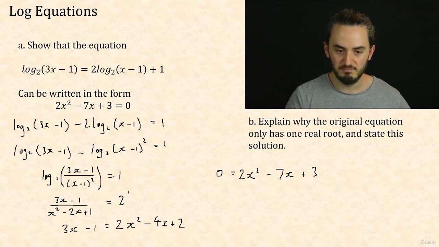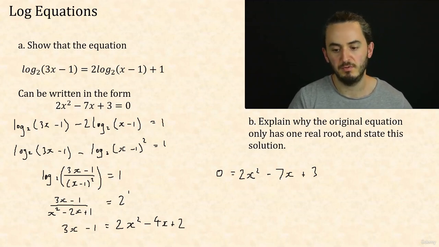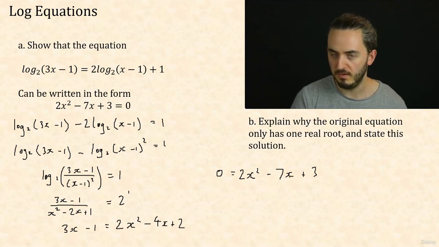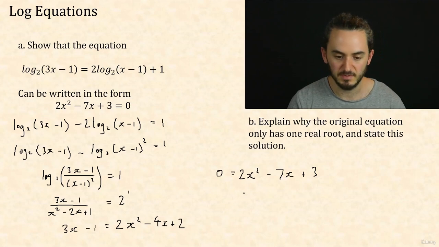Okay, part B. Explain why the original equation only has one real root and state this solution. Well, we think that quadratics normally have 2 roots, so let's find the roots of this. We can factorise, we can do what we want. I'm going to use a calculator because we're allowed to.